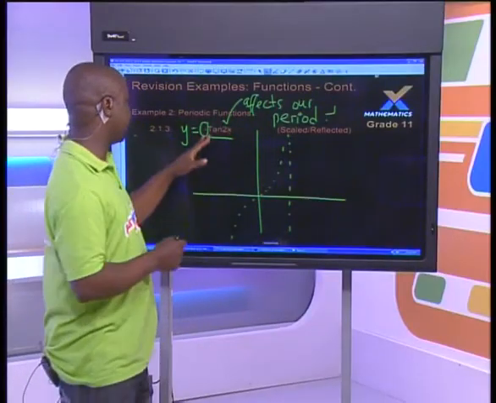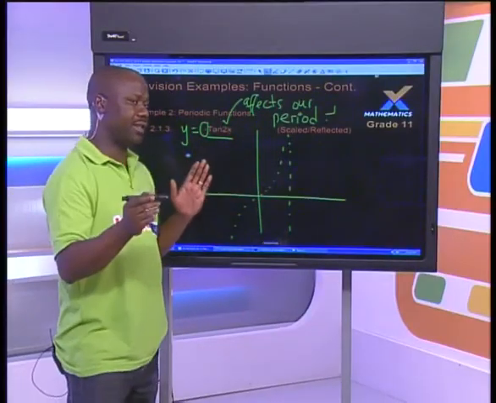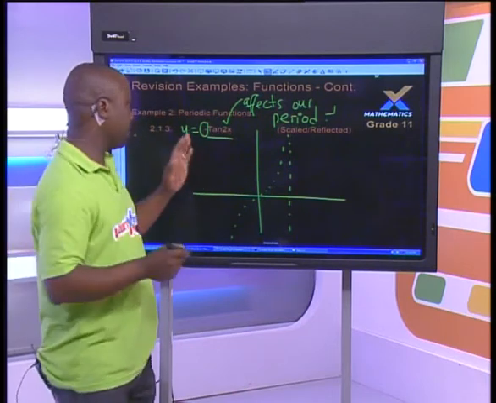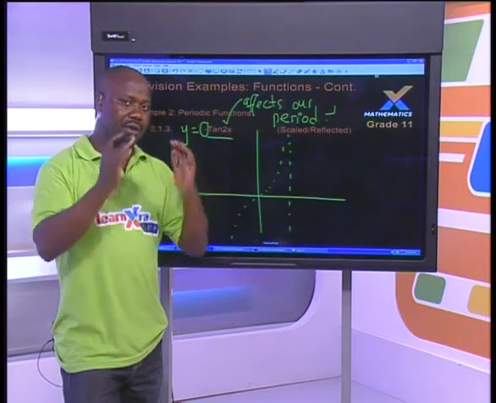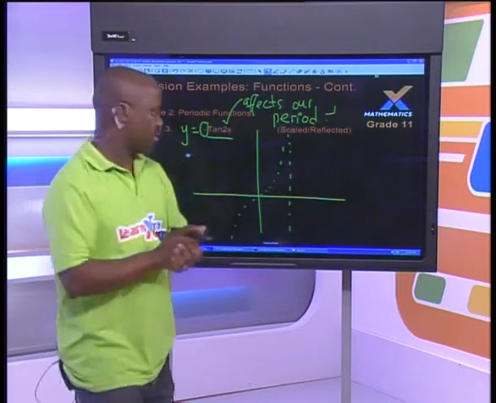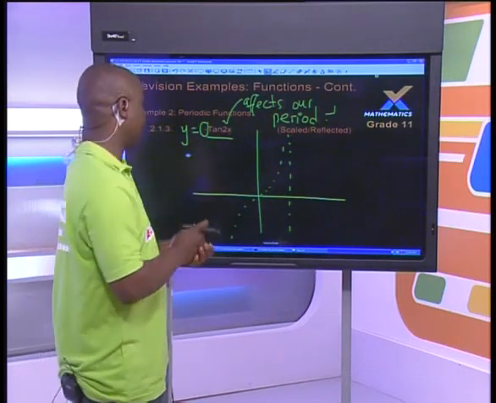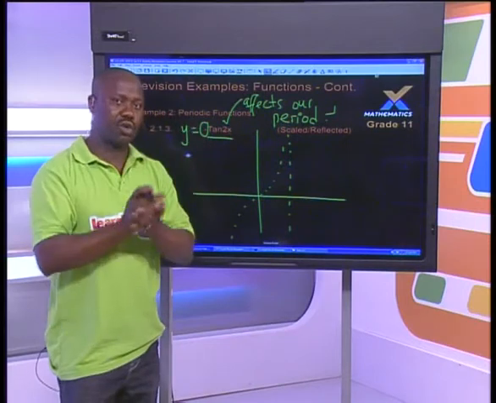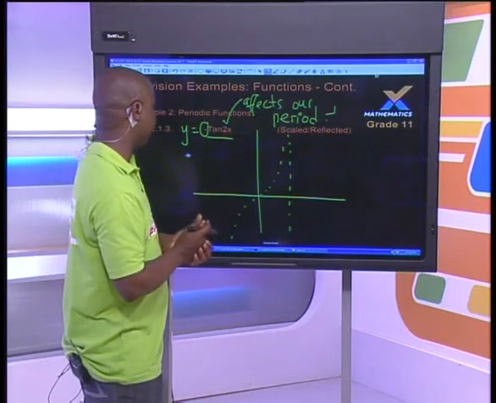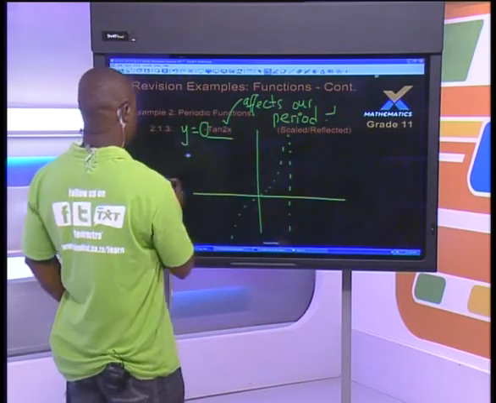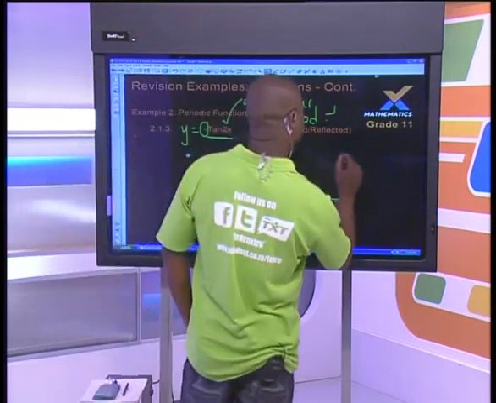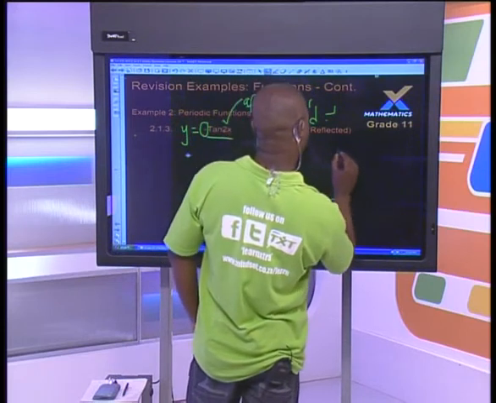What you'll notice is we were scaling in the vertical direction when you saw a coefficient in front of the ratio itself. Now you've got a coefficient inside the ratio, a coefficient on the x variable. So how is that one affected? There is an expression that you can always use.